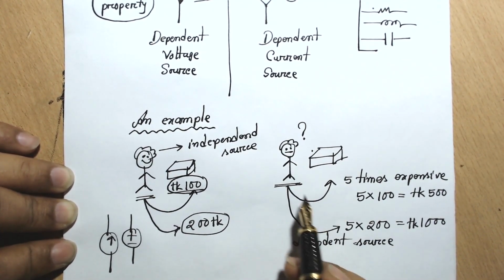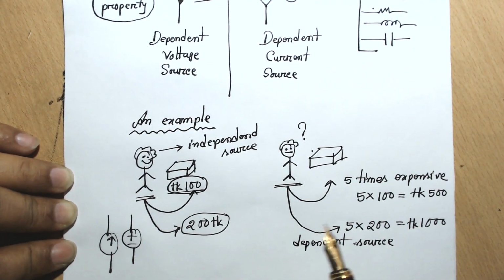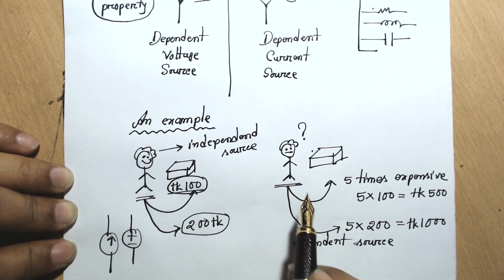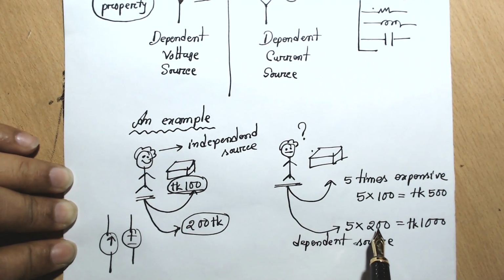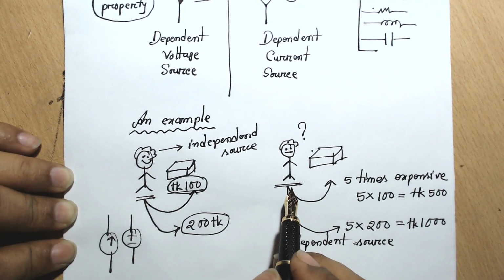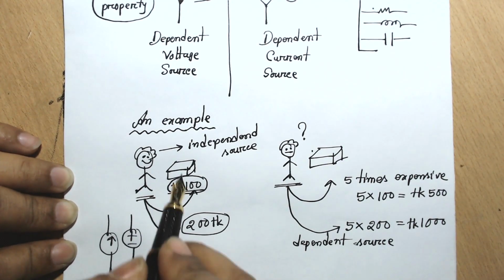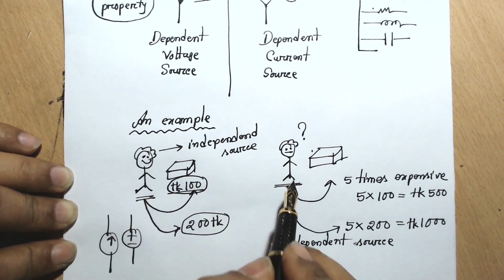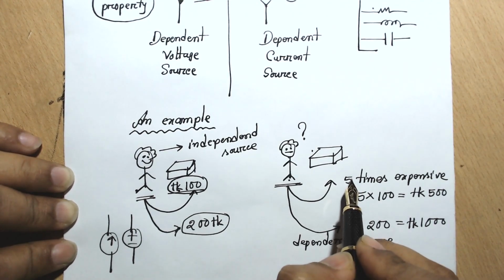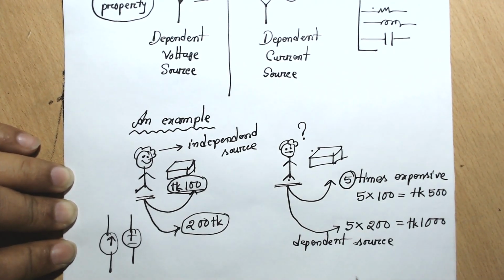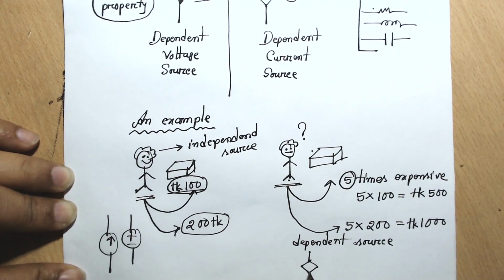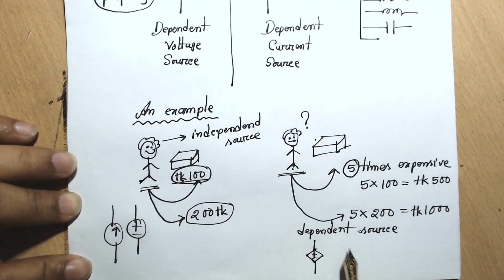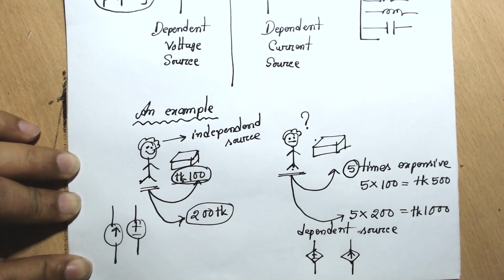That means he or she has the capability of buying the gift, but cannot decide by himself what the cost of the gift will be. Rather, it depends on another person who first decides the cost of the gift, and based on that, this person then buys the gift. For example, here we had a multiplier of 5, and this is the example of a dependent source that we depict as the diamond-shaped symbols, dependent voltage source or dependent current source.